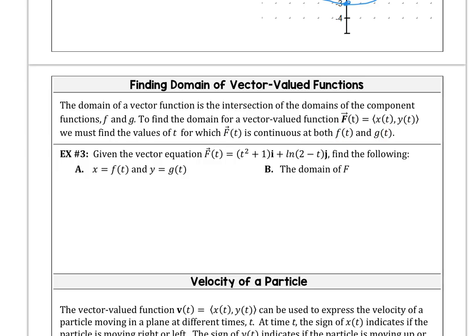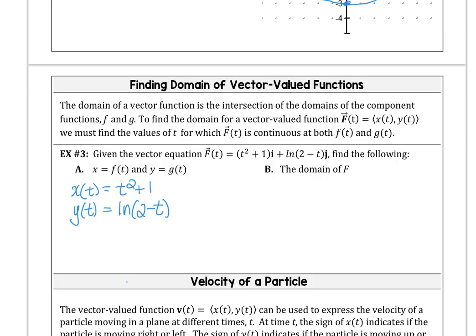So if we're given the vector function here, t squared plus 1 in the x direction and natural log of 2 minus t in the y direction, we want to find the x of t. So the x of t is going to be the t squared plus 1 component, and the y of t is going to be the natural log of 2 minus t, that quantity.